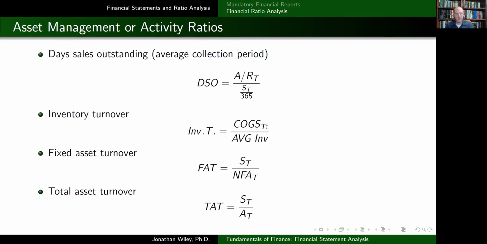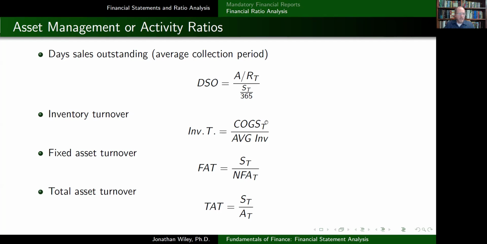It's going to look like they're super efficient. But the reality is, that's not the full picture. They had a lot more inventory to start the year. They just didn't replace it. So that's the idea behind using an average inventory. We're going to look at the beginning of the year and the end of the year, or the beginning of the quarter and the end of the quarter, average those out, and get an average inventory figure to figure out how efficiently we are handling our inventory.